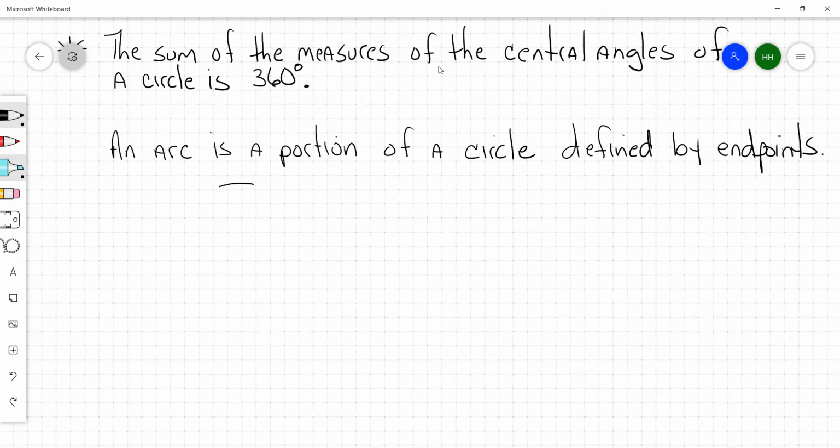So again, if we've got this circle, and let's put a central angle in here.